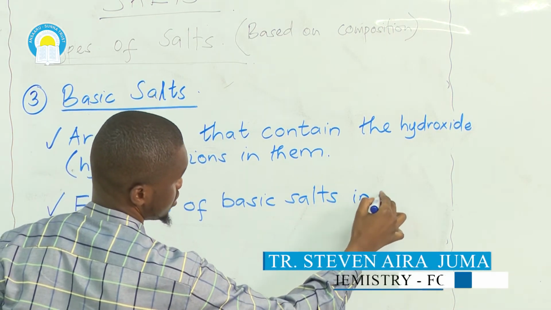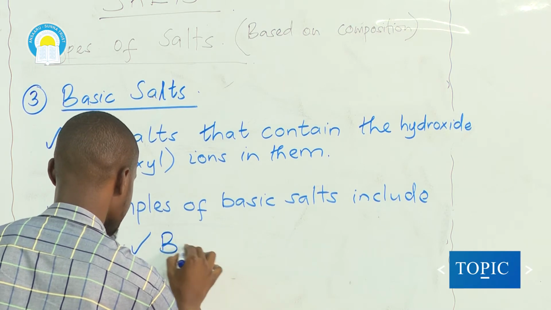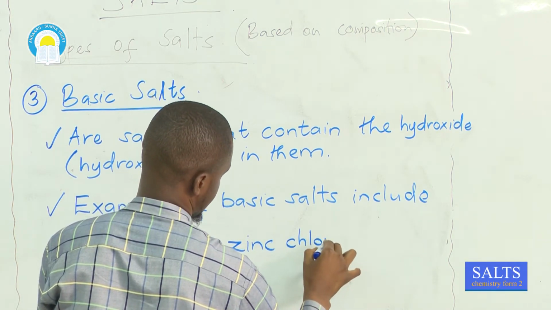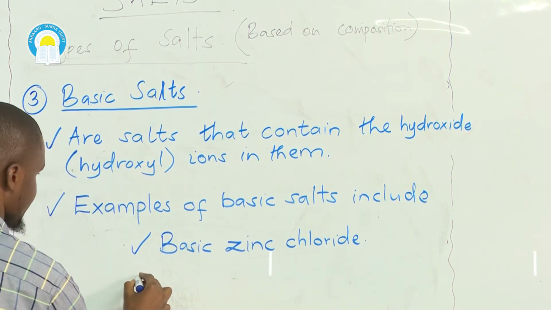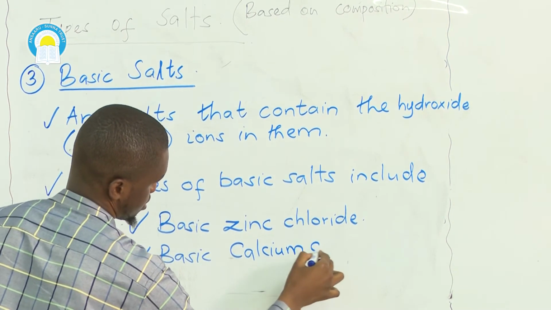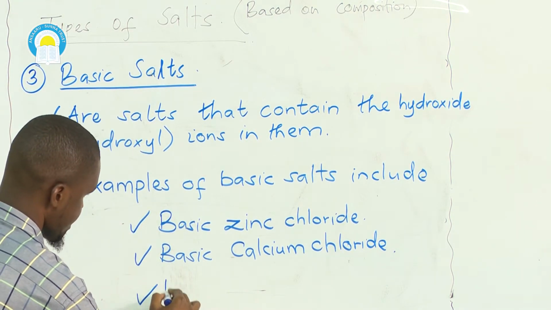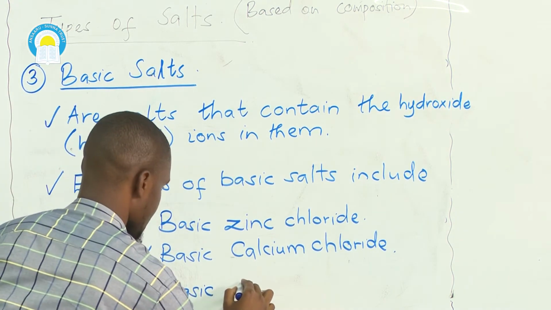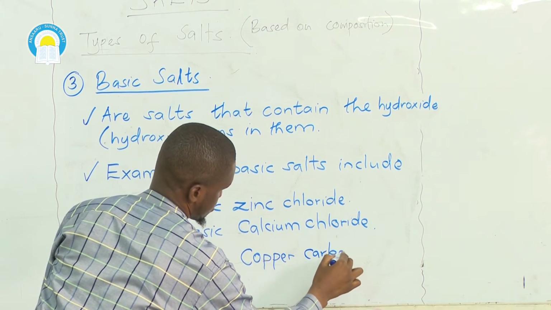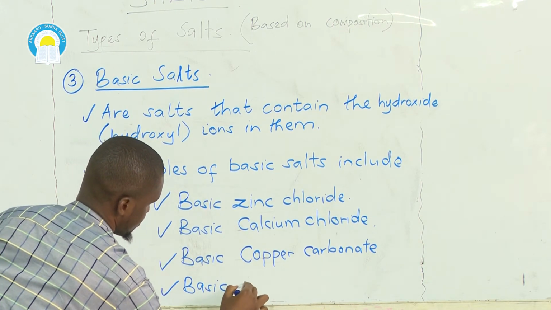Examples of basic salts include basic zinc chloride, we have basic calcium chloride, we have basic copper carbonate, and we have basic magnesium carbonate.